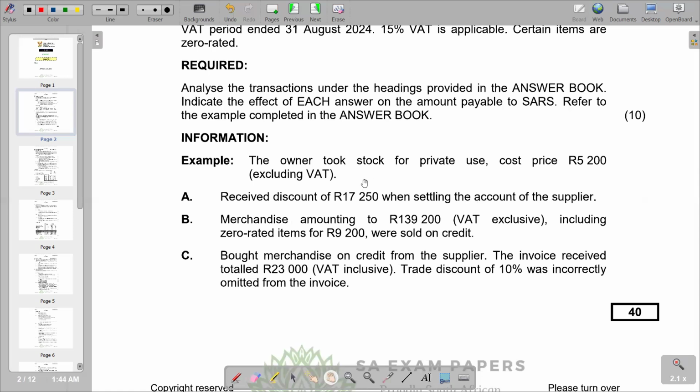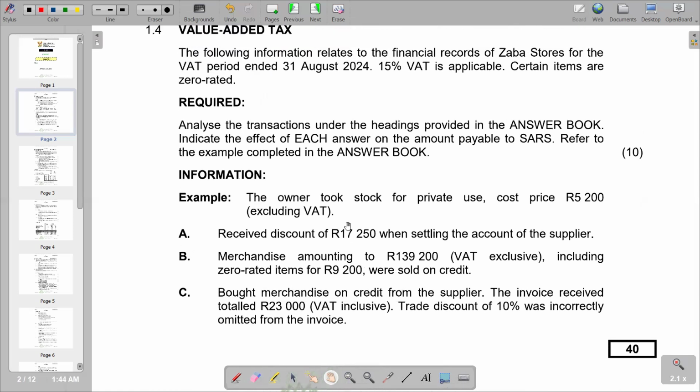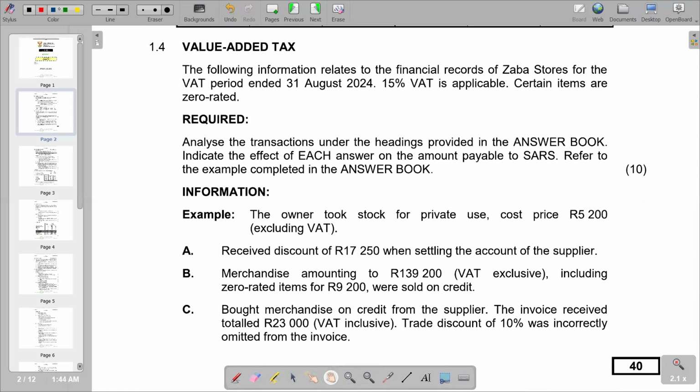So obviously, this discount that we are given is VAT inclusive. Being VAT inclusive, we can just refer back to the percentage that we are given as VAT, whereby if we say exclusive amount, you add your VAT, you get your inclusive amount.